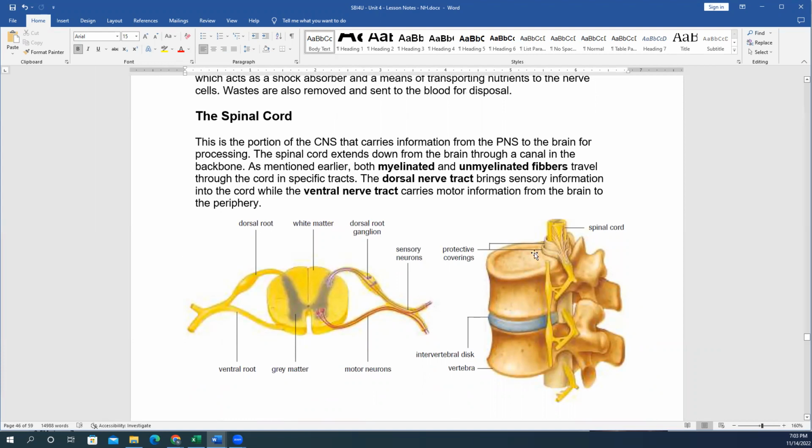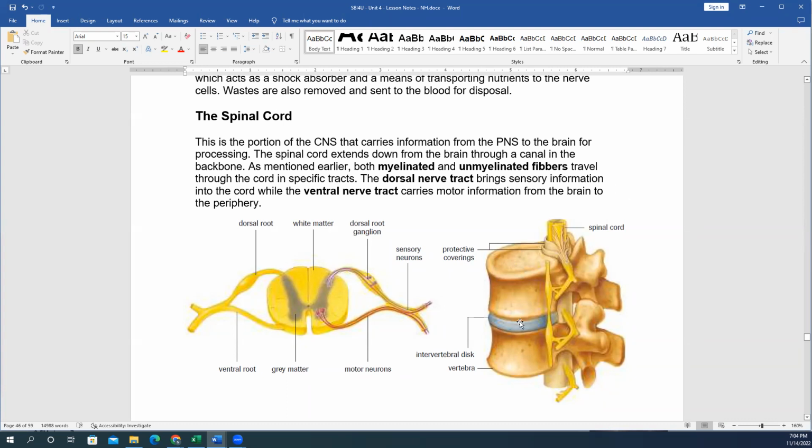So the spinal cord extends all the way down from the brain, which would be somewhere up here, through this canal that is in each one of these bones, these vertebrae.